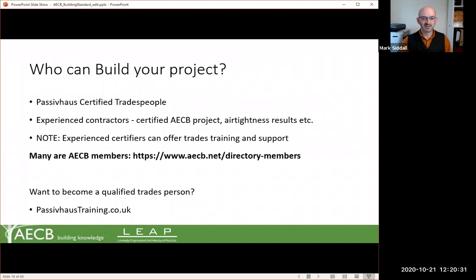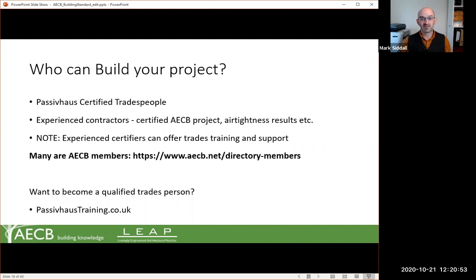Who can build your project is often another question. There are a growing number of Passivhaus certified tradespeople, and again, many of those are AECB members, and also experienced contractors that have delivered AECB Building Standard projects or have got good airtightness results. So that's more to think about there.